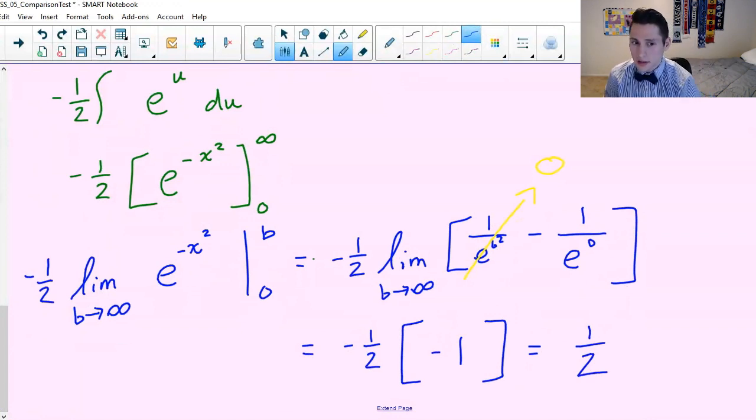Okay, so we figured out that this limit converges, right? This limit exists.